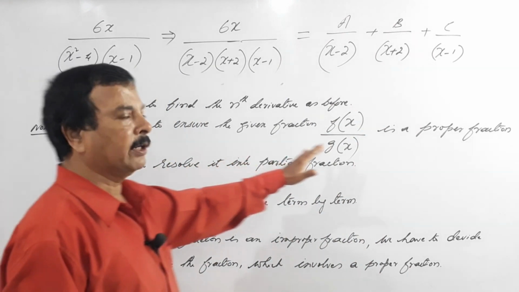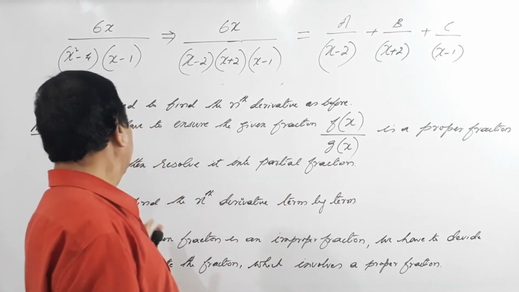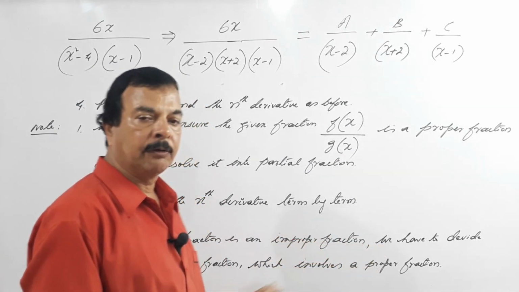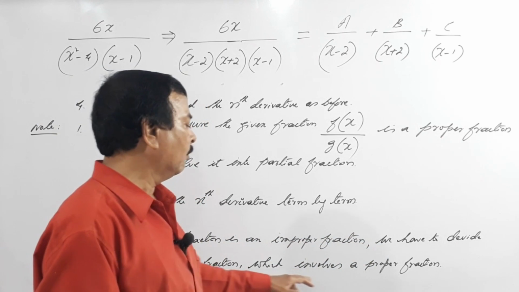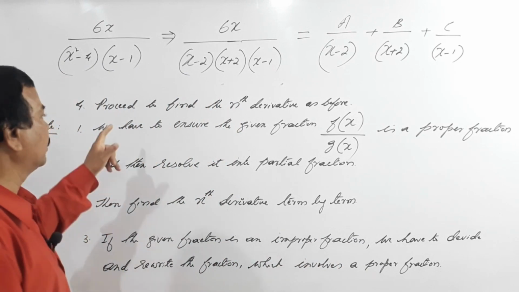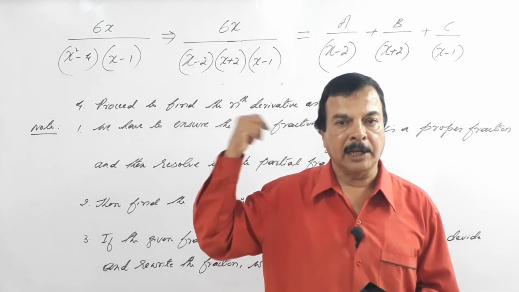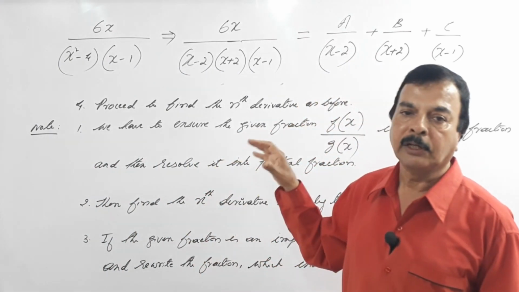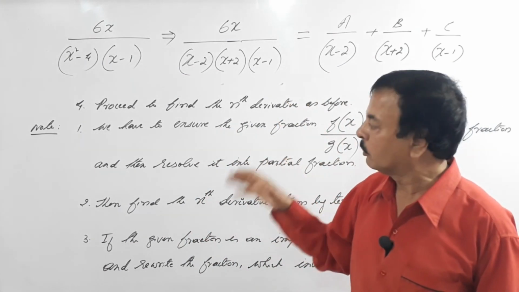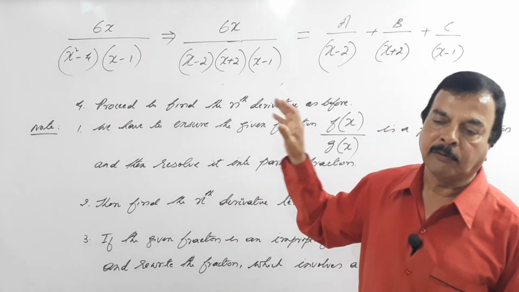First, ensure the given fraction is a proper fraction. Then find the nth derivative term by term. Next, if the given fraction is an improper fraction, we have to divide and rewrite it as a fraction which involves a proper fraction. And last, proceed to find the nth derivative as before. We have found the nth derivative of some functions earlier, so on the same basis, we have to find the nth derivative of the given function. So let's start now. This is more than enough for you to understand. These are the steps you need to know before finding the nth derivative.